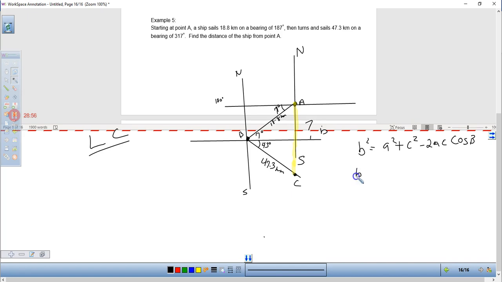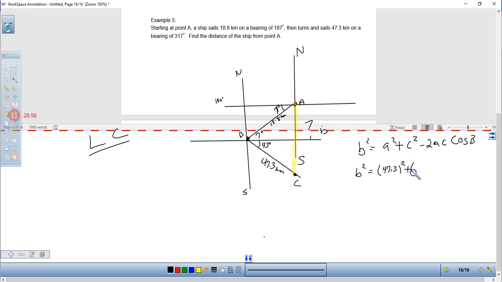So I don't know little b, but I know that little a is 47.3 kilometers.